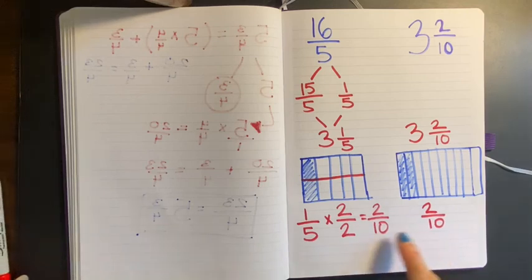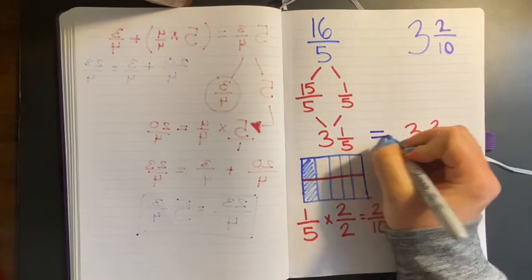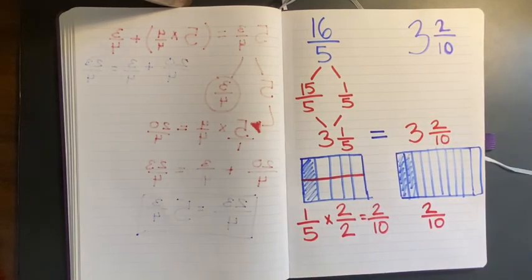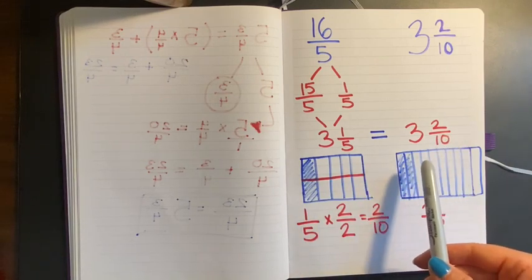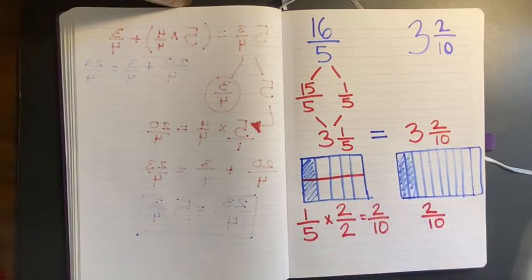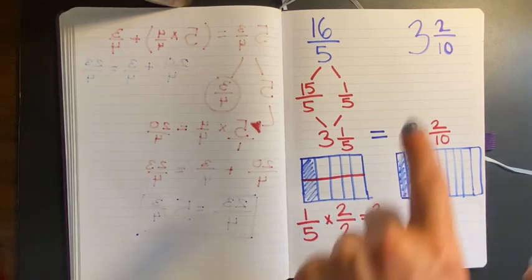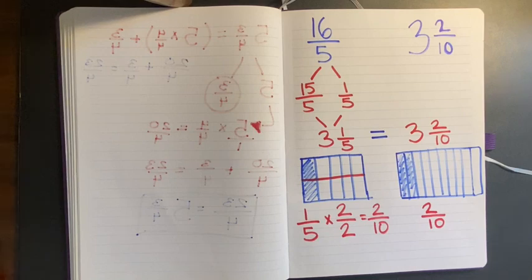So if these two have the same value once they have a common denominator, we know that these mixed numbers are going to be equal to each other. 3 and 1/5 is equal to 3 and 2/10 because once we decompose them, they carry the same value. So we're able to translate that to the numbers we began with: 16/5 is equal to 3 and 2/10.